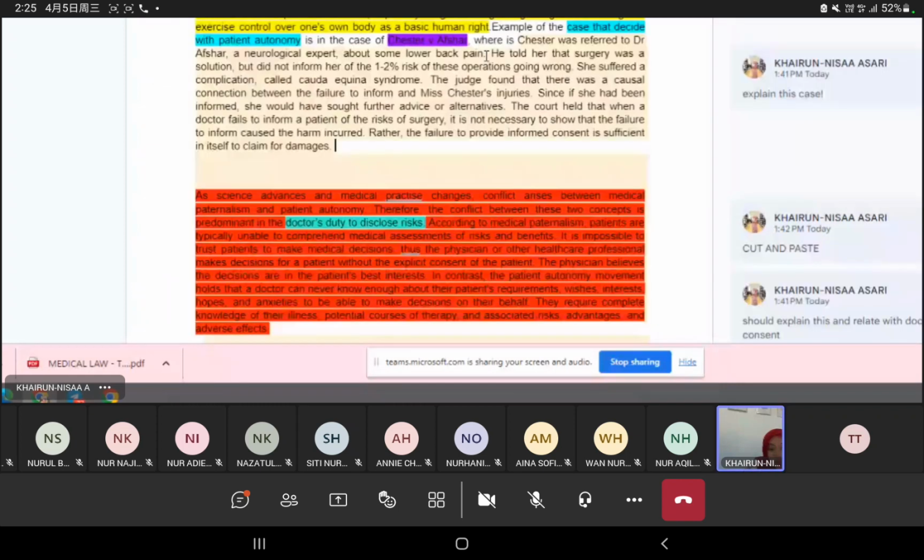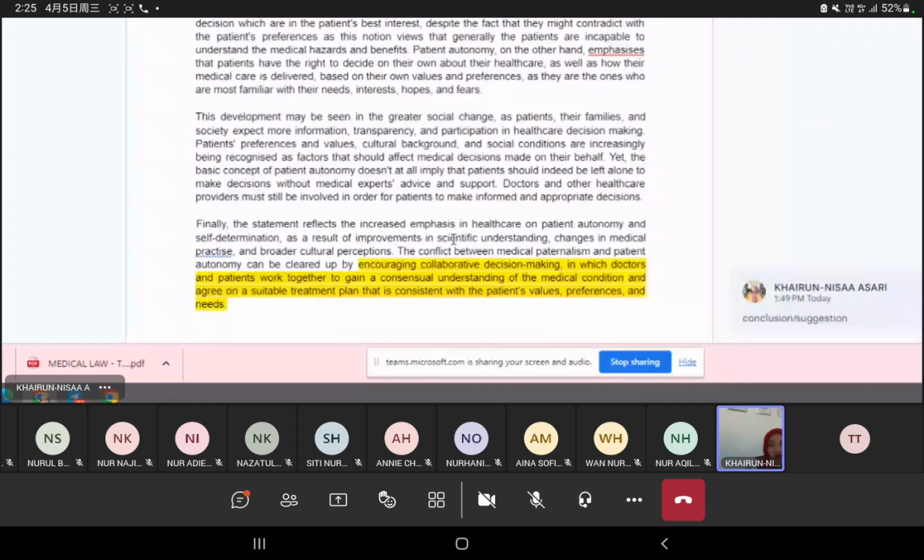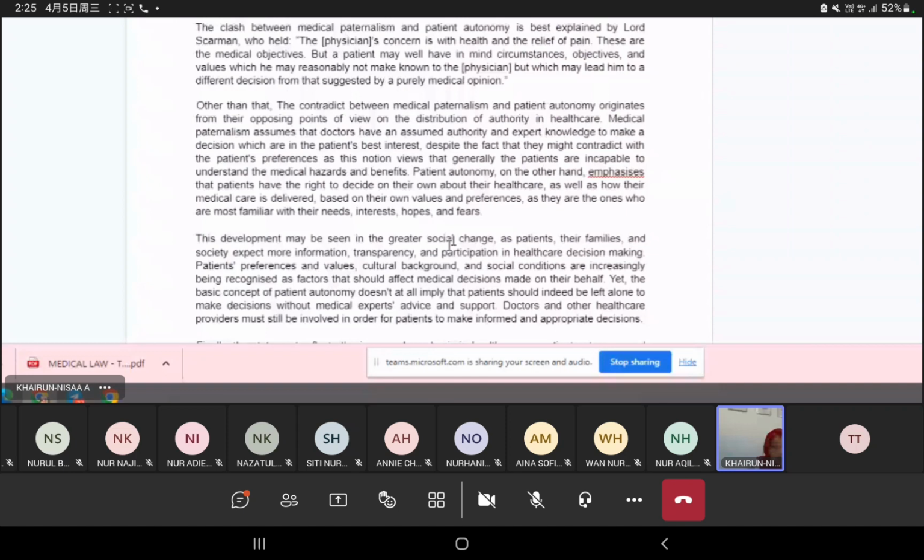What are the cases that talk about the change of situation, the change of support from medical paternalism towards patient's autonomy? You talk about the position in the US, the UK, Australia, and Malaysia.